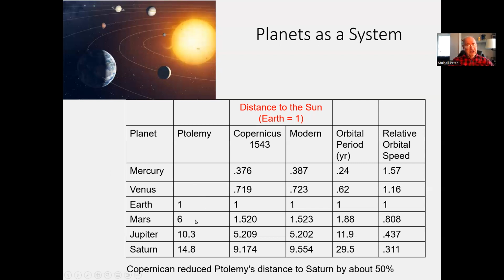Remember how far away Mars had to be in that big epicycle. Okay, the size of the deferent of Mars, of the orbit of Mars, compared to what Copernicus finds. Jupiter, half, and Saturn, 50%. What Copernicus has done to the solar system, if I can use that anachronism, is he's shrunken it by 50%.